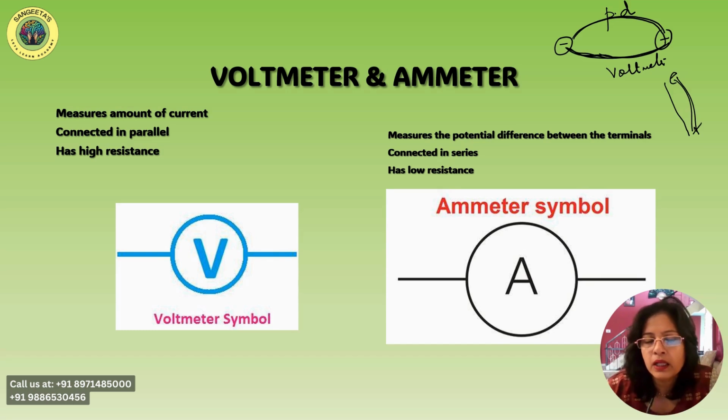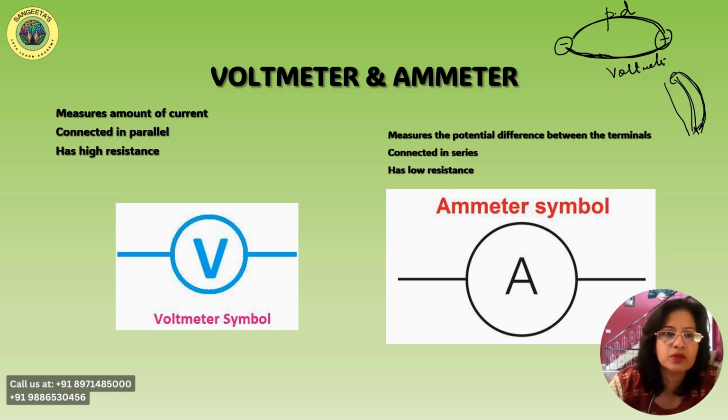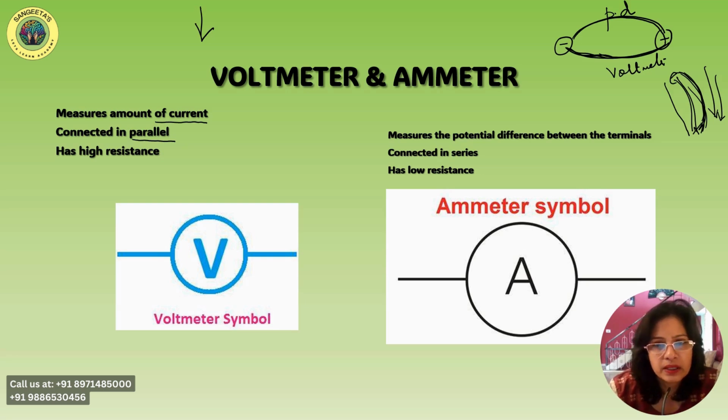It's like water flow. How much potential difference they have is measured by this voltmeter. So the more the difference, the more the electrons will flow like water in a slope, and hence more current will flow. It is connected in parallel to a whole circuit.